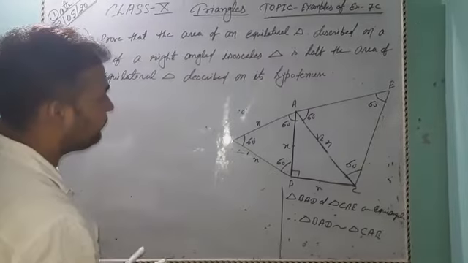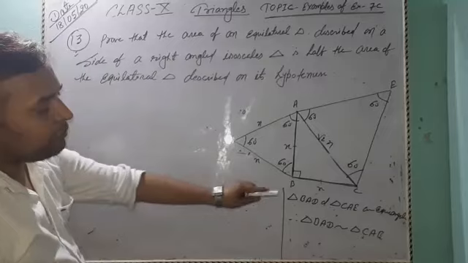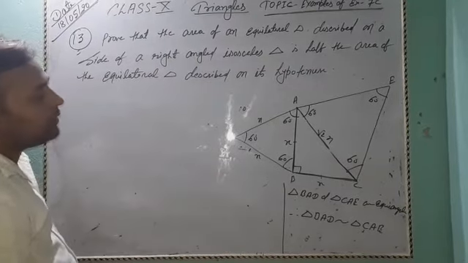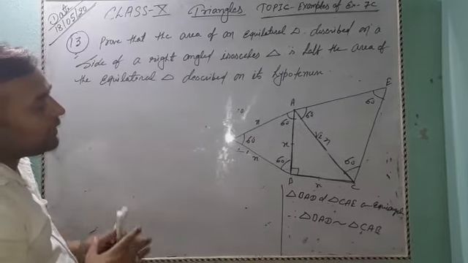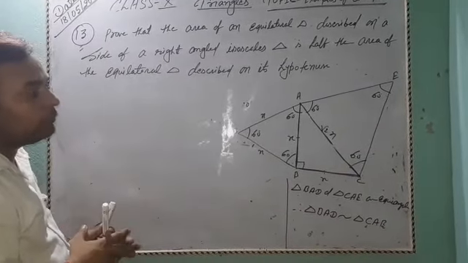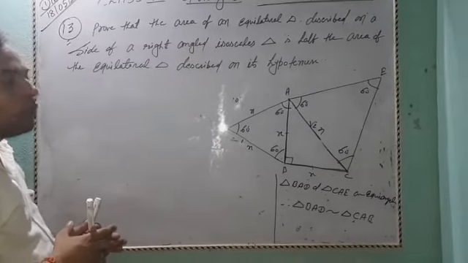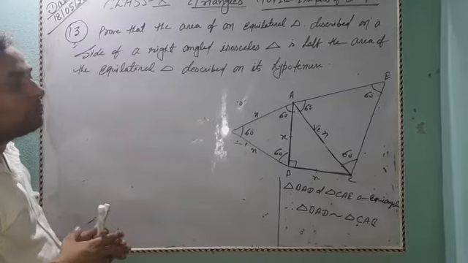Triangle BAD is similar to triangle CAE, then we know that the ratio of the areas of two similar triangles is equal to the square of the ratio of their corresponding sides.